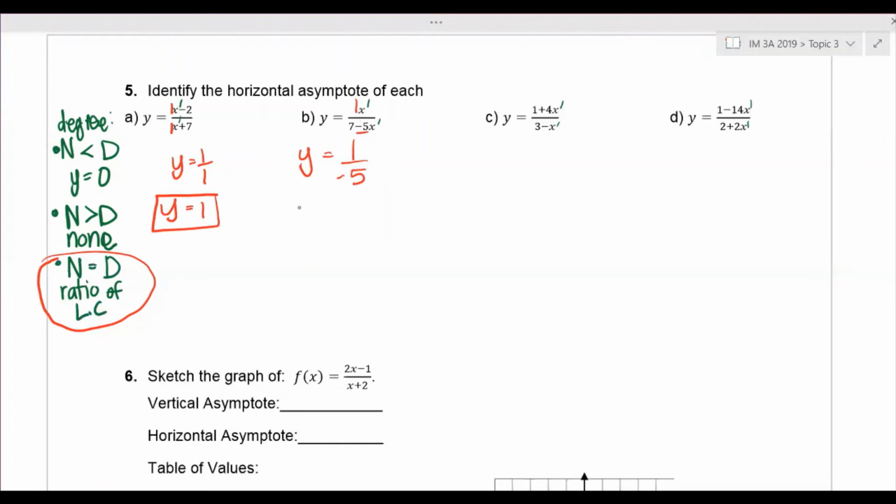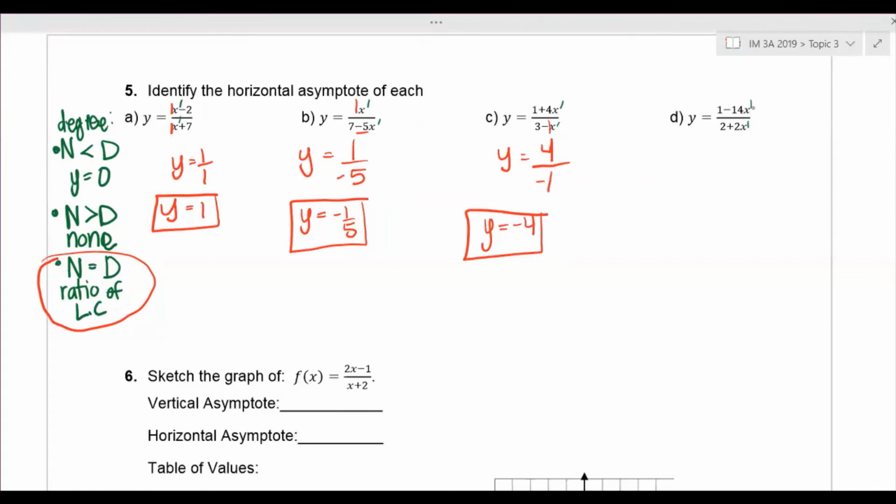So negative 1/5 is the horizontal asymptote for 5b. For 5c, the numerator has a coefficient on the x term of positive 4, and the denominator has a coefficient on the x term of negative 1. So that means that the answer for 5c is -4.